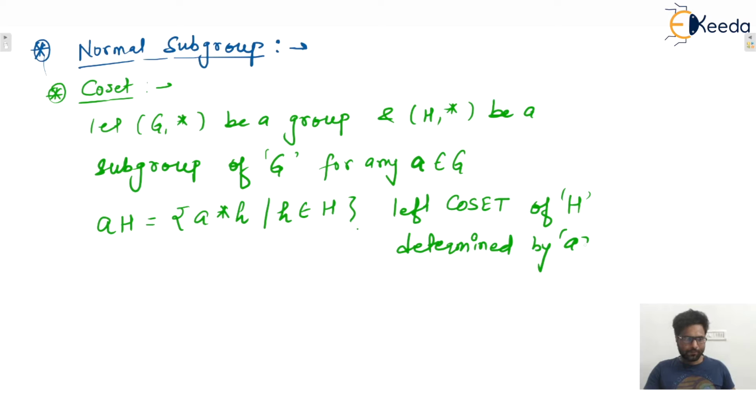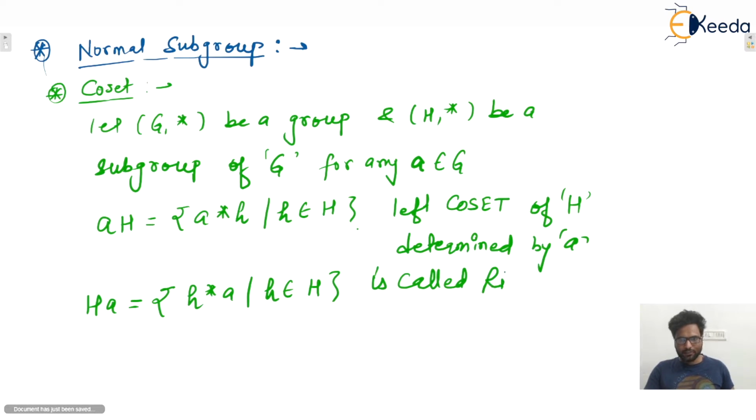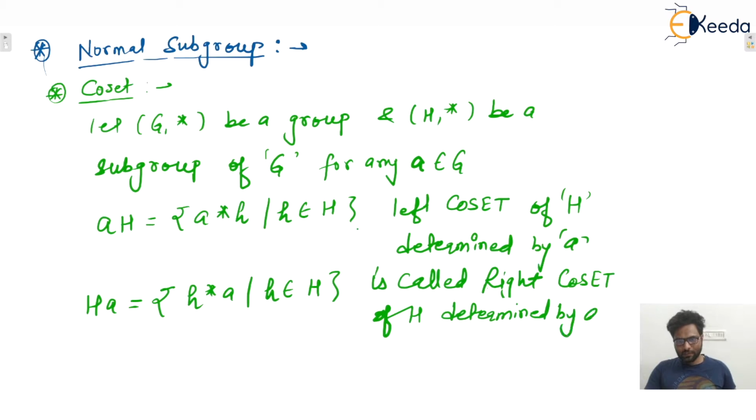Similarly, Ha is equal to h * a such that h belongs to capital H is called a right coset of H determined by a.